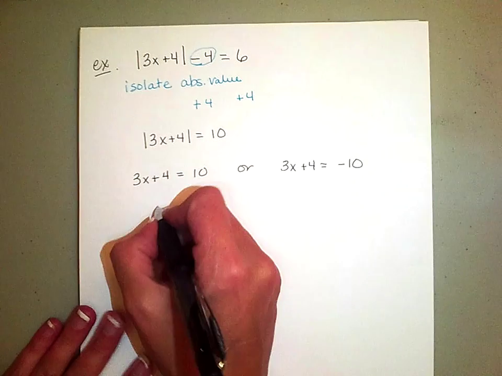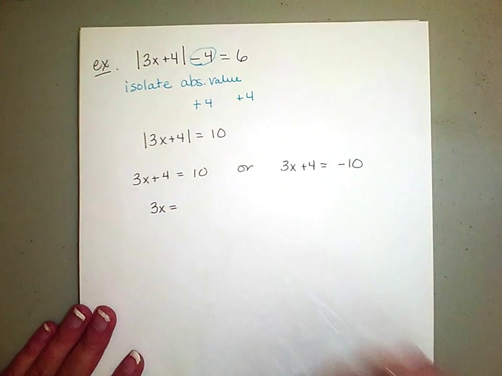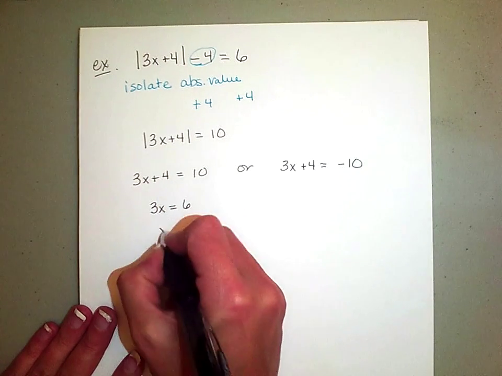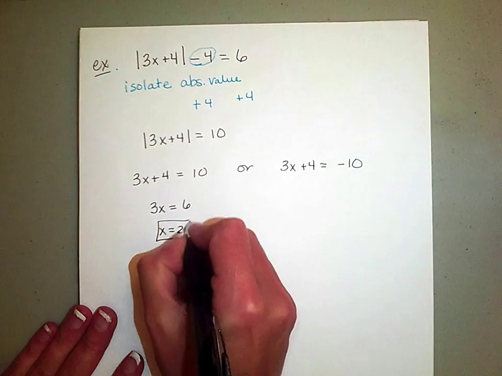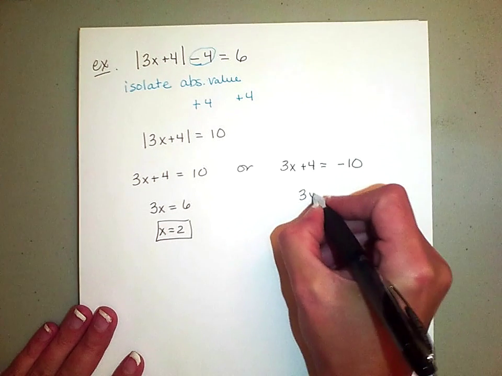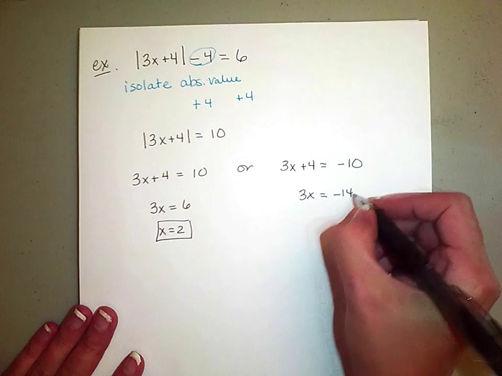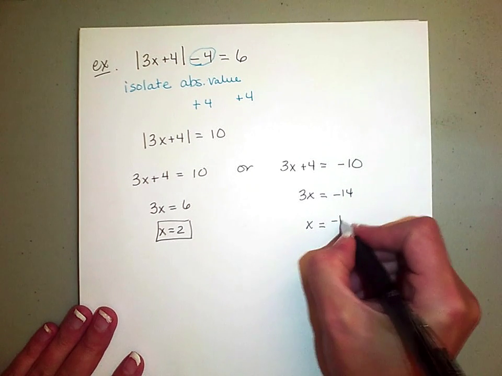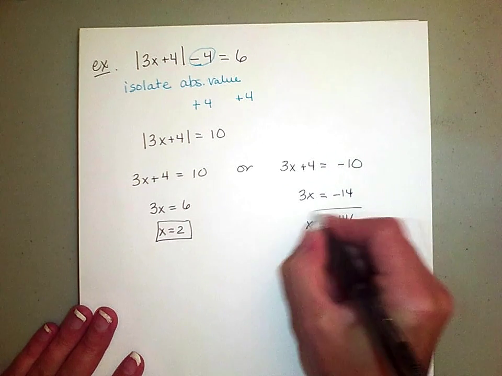And now we can solve these. So this is 3x is equal to 6, so x is equal to 2. Or we have 3x is equal to -14, so x would be equal to -14 thirds.